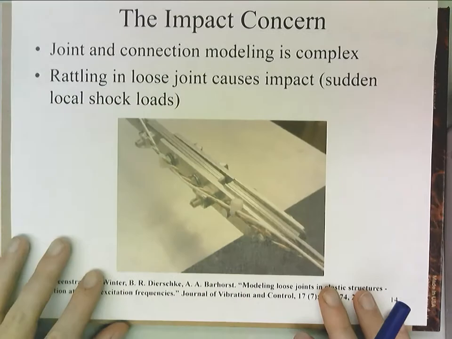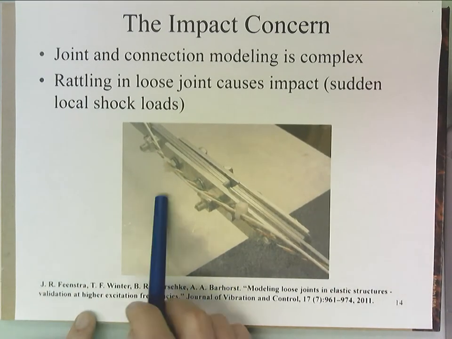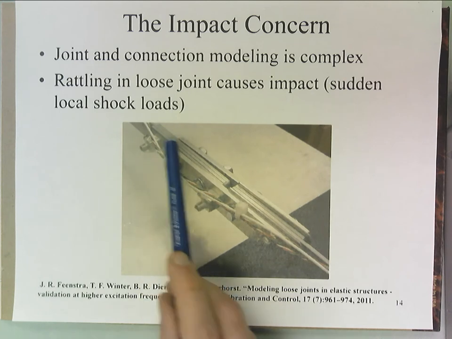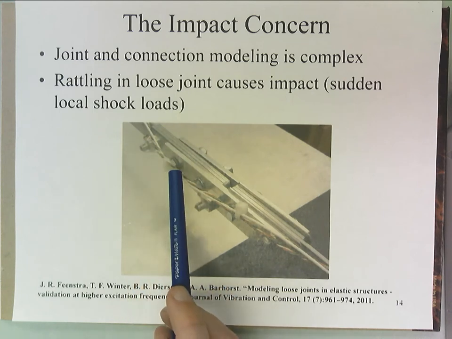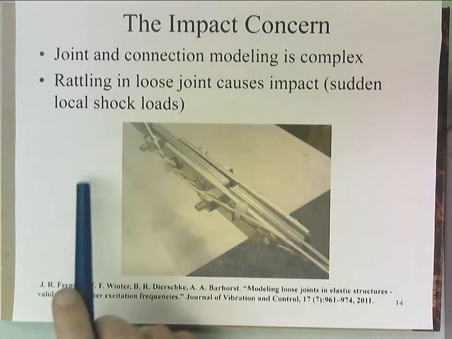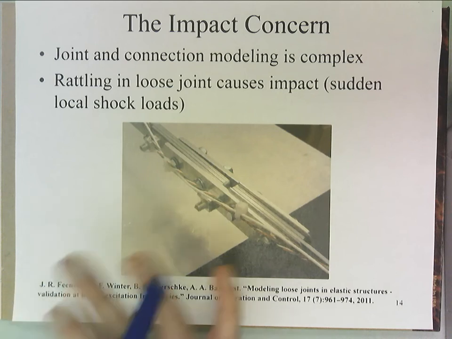So here is the way that they did their experiments. They modeled up bridge joints in a lab and looked at loosening some of the connections, simulating the plates failing some. So now we get a rattling and a shaking in loose joints. Modeling that is very complex.